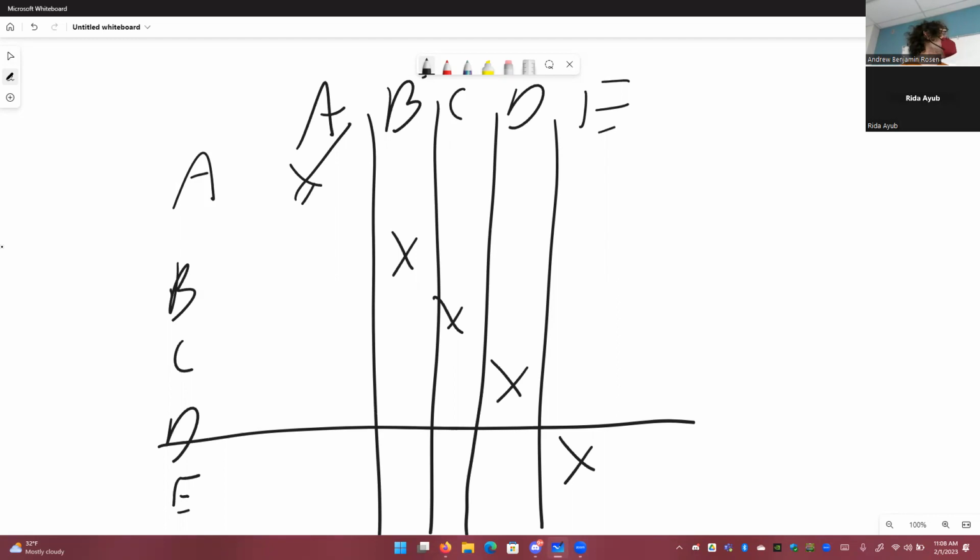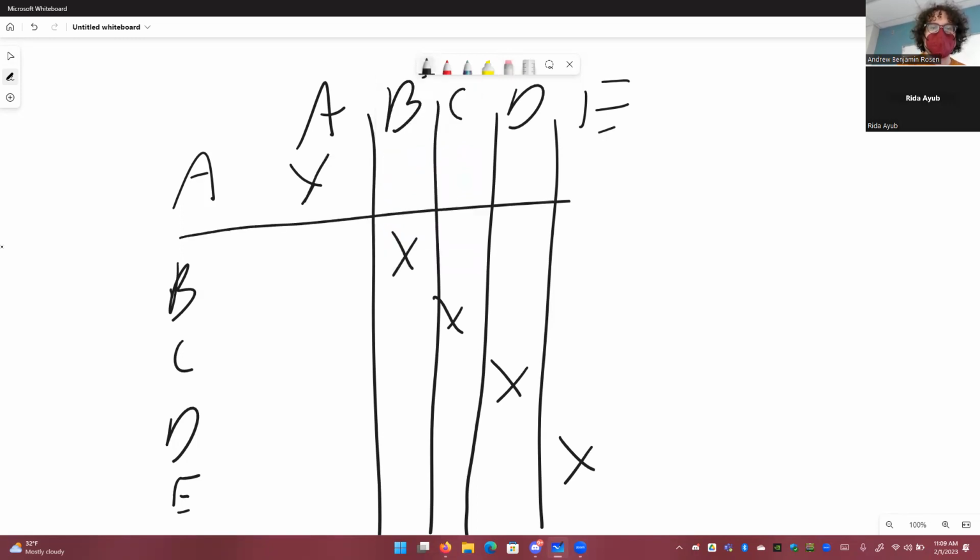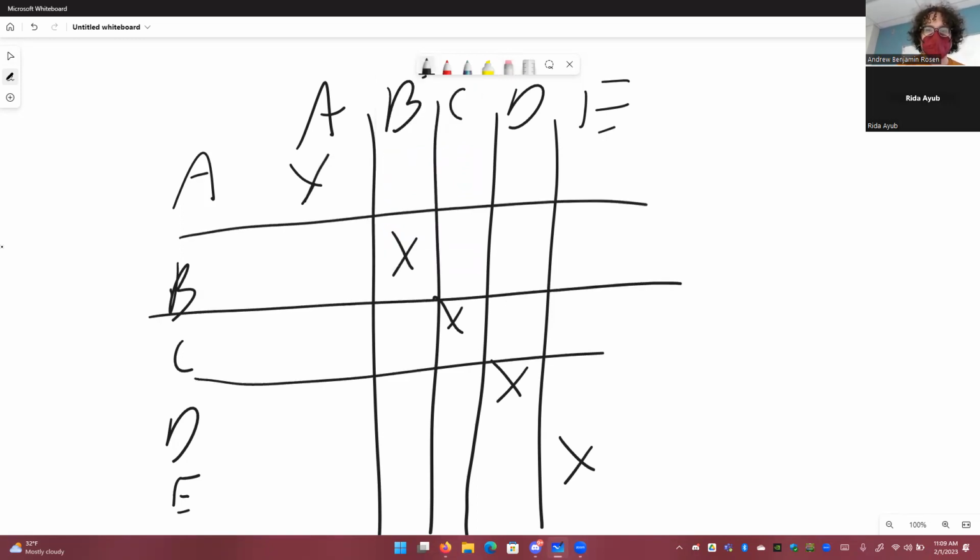However, if you decide to write it a bit more efficiently, you can ignore any duplicate pairings. There's no need to compare D and E, right? If you compare D to E, you don't need to compare E to D. It's the same thing.